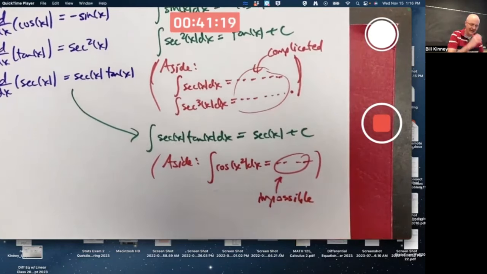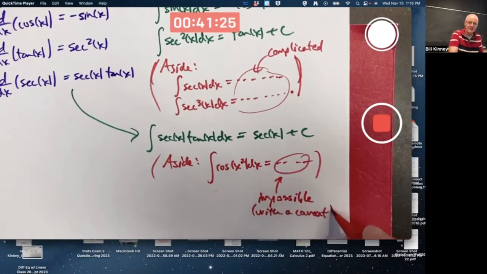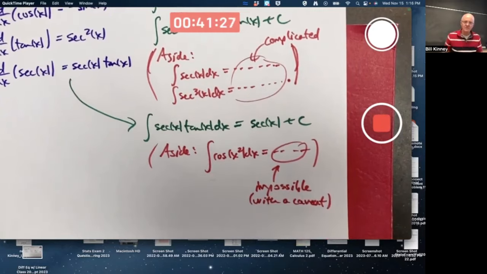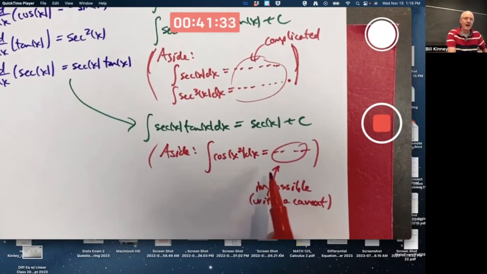Well, is it really impossible? With a caveat. The caveat is this impossibility is with respect to ordinary functions that you are used to from pre-calculus. Integral of cosine of x squared does exist. It is a function. It can be defined, but it's a function you've never heard of.